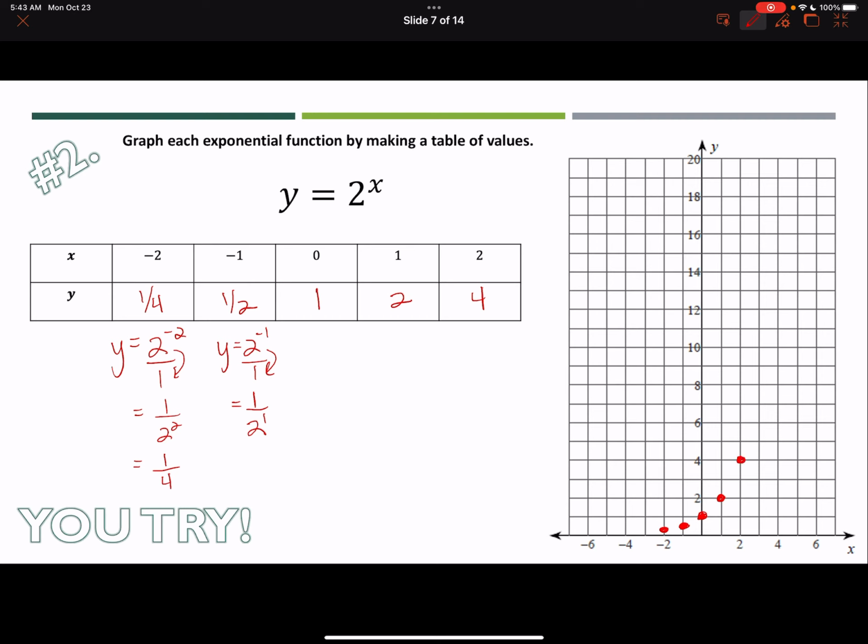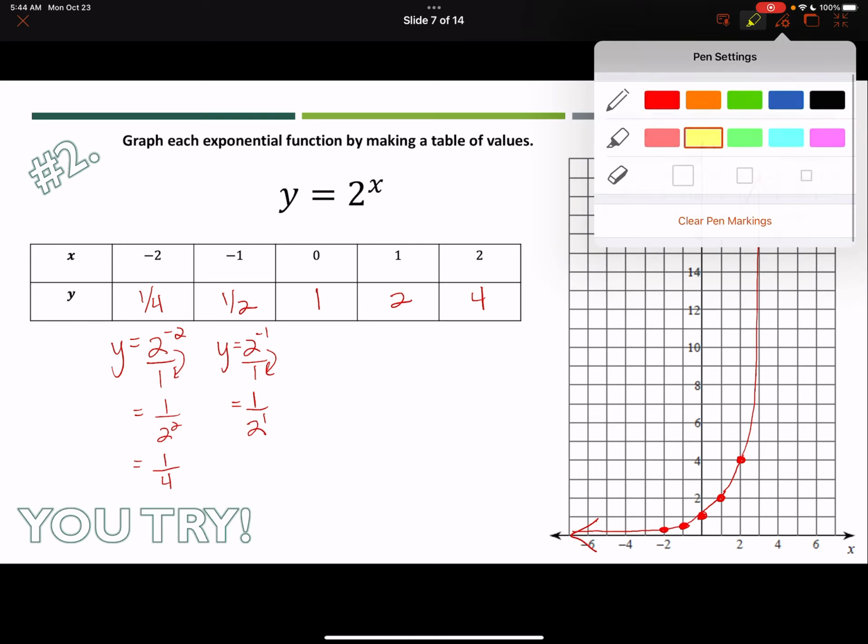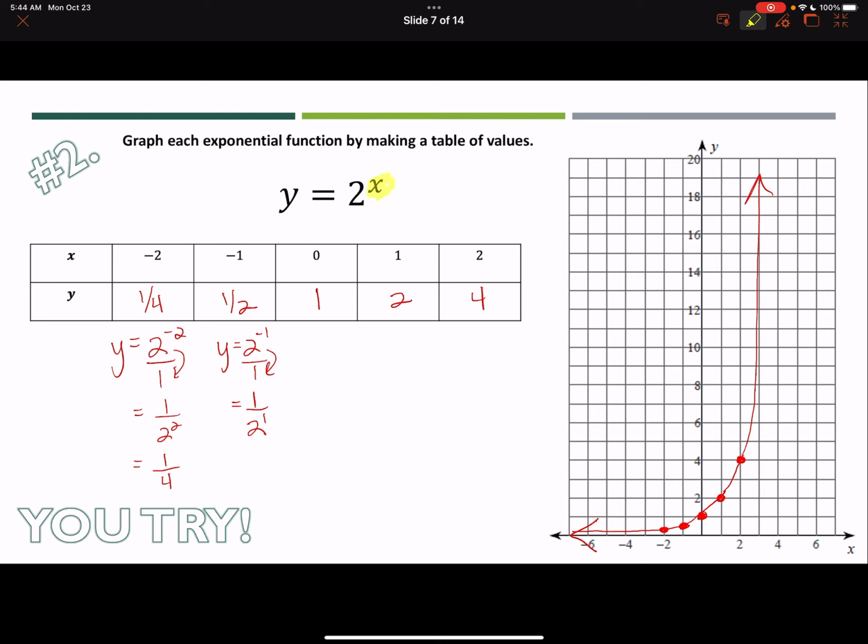So again, remember your exponential function starts flat. It's going to curve up. And then it's going to almost flatten out again, like going straight up. So there we go. We have another exponential function. And I knew it was going to be exponential because the x was an exponent in the original equation. Okay.